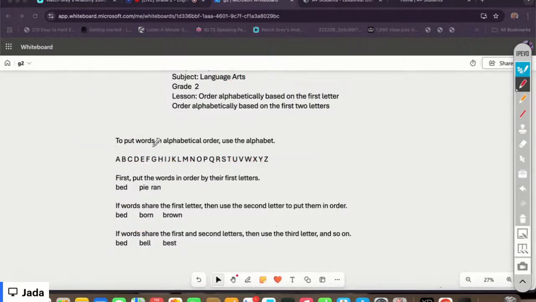Then we have: if words share the first letter, then use the second letter to put them in order. So if the first letter is all the same, just like we have bed, we have bun, we have brown, the first letters are all the same. So we have to make sure that we put them in order by the second letter.